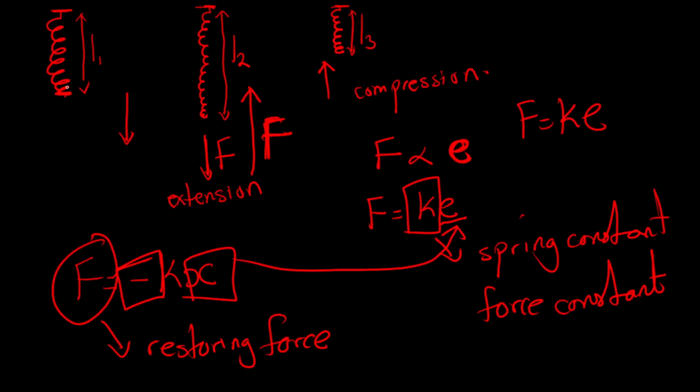They're kind of the same thing, just that the restoring force is directed back to its original position, like if you're going from here back to here. So you just have a minus sign here, but it doesn't really change anything in the calculations. Okay, so let's try some questions.